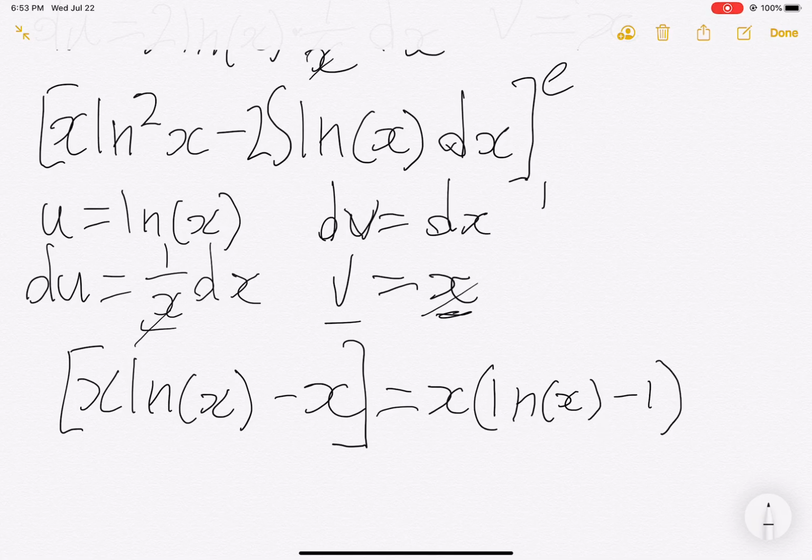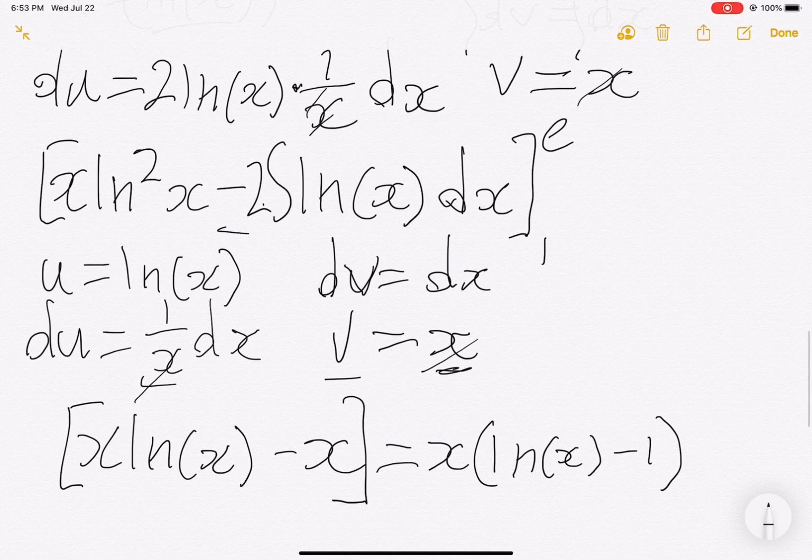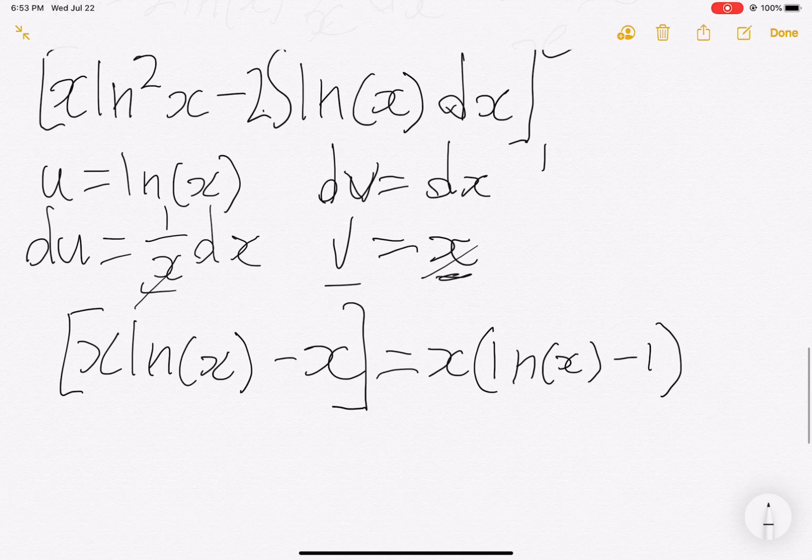We're done with that. Now let's just plug it in to this formula here, and we just write it like this. We can actually instantly factor out this x from both terms here. So let's just do that. We get x times ln squared of x.